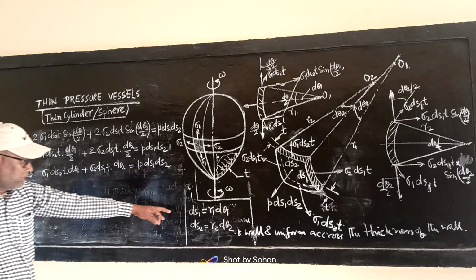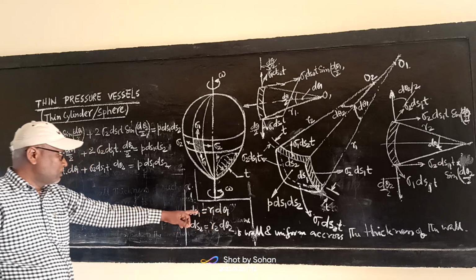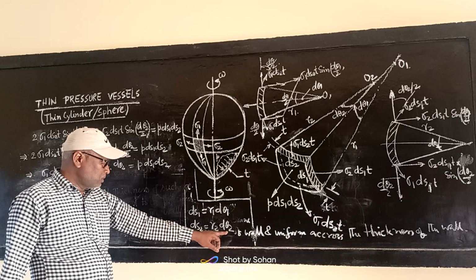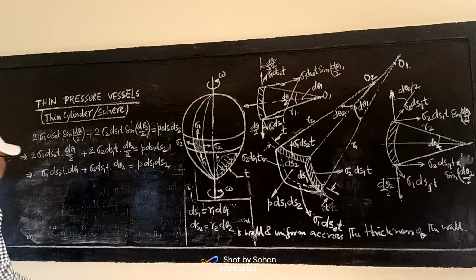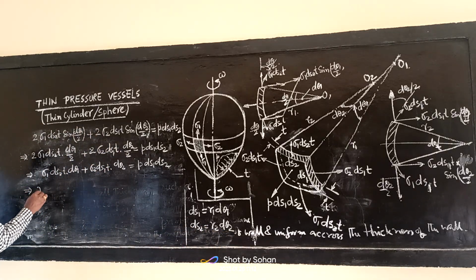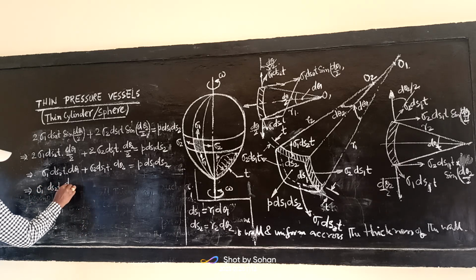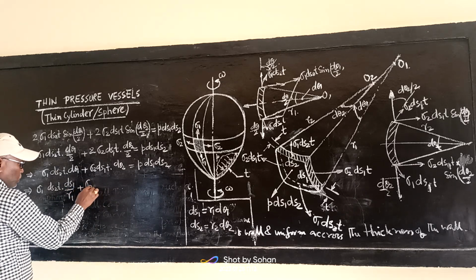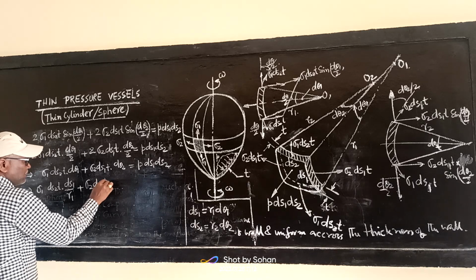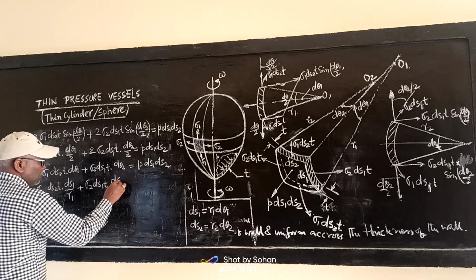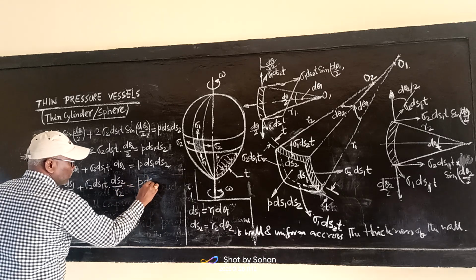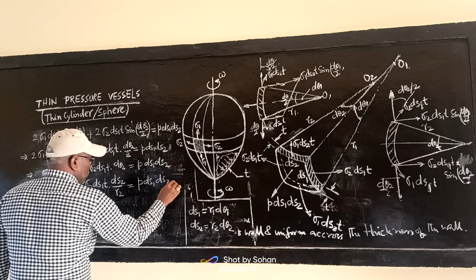Now from the geometry relationship we get d theta 1 is equal to ds1 by r1, and d theta 2 is equal to ds2 by r2. So we will replace them. Write down here sigma 1 ds2 t into ds1 by r1 plus sigma 2 ds1 t into ds2 by r2 is equal to p ds1 ds2.